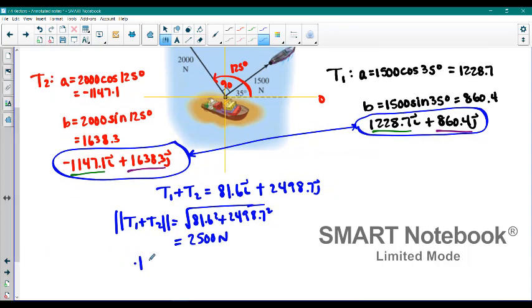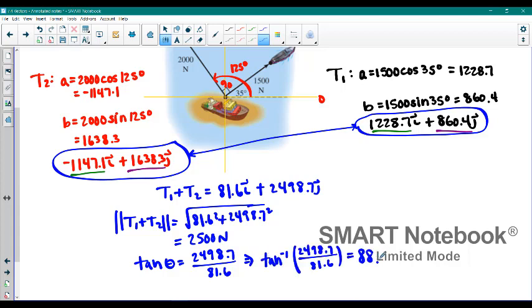And then tangent of theta is equal to B over A, so 2498.7 divided by 81.6, and we will do the inverse tangent of that. And we get 88.1 degrees when we do that.